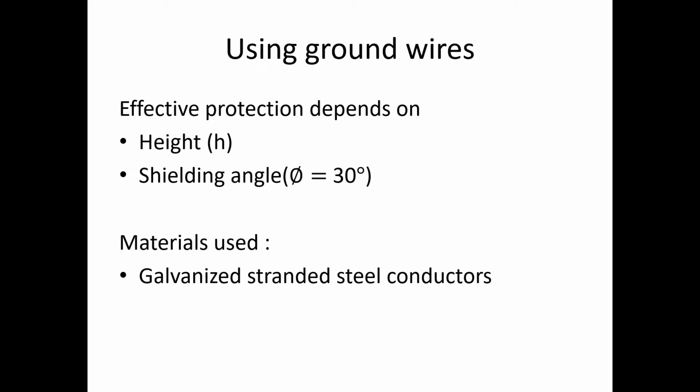Up to 110 kilovolt and even above 110 kilovolt, this ground wire can be used for protection purposes. Moreover, it gives protection against traveling waves too. Okay, so that is all about ground wires.